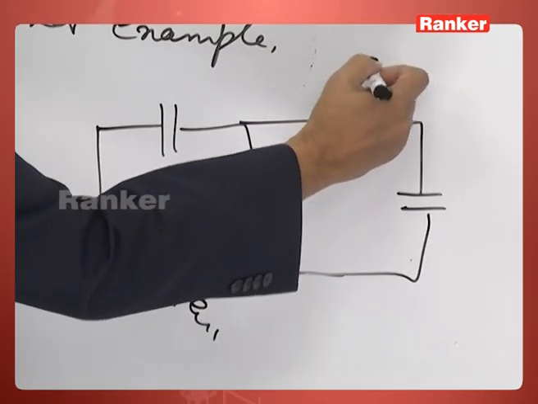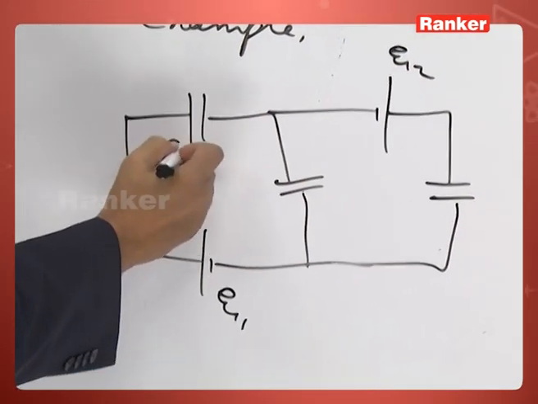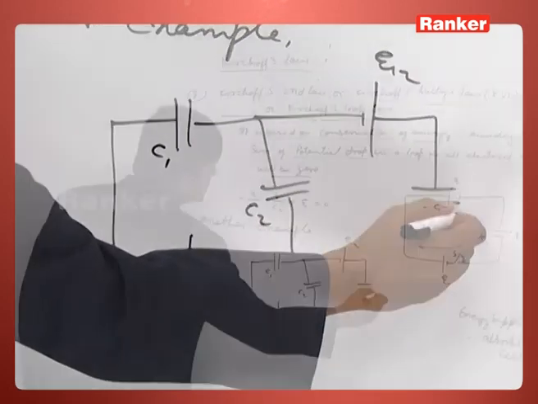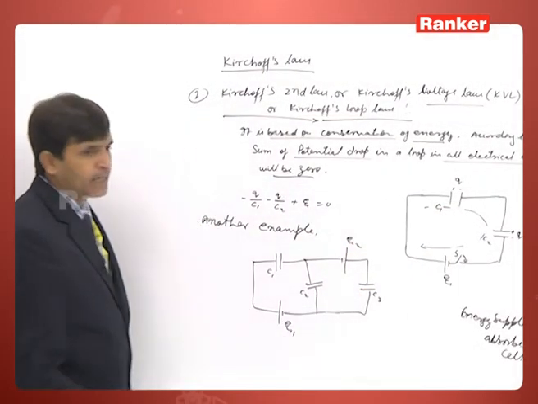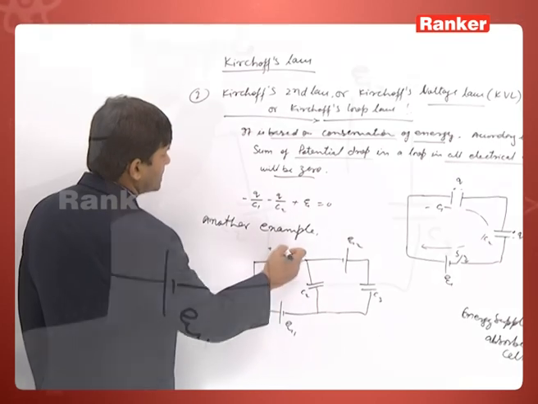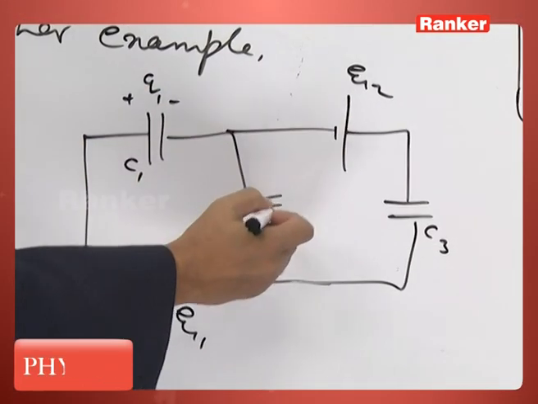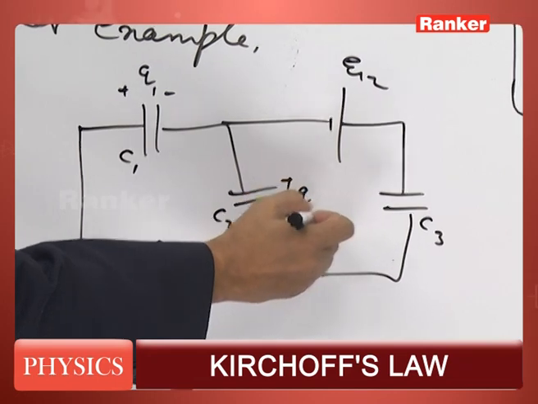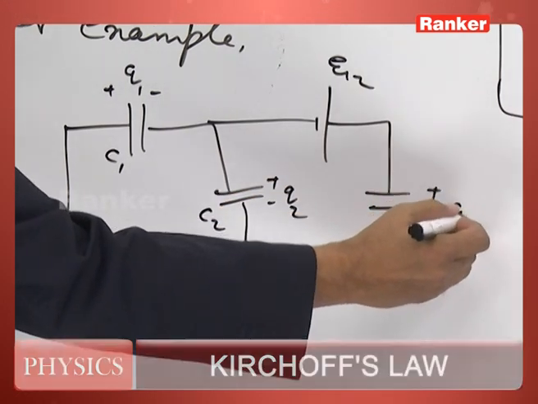E1 and E2 are the cells, and C1, C2, C3 are three capacitors with their capacitances. Let the charge here be Q1, here Q2, and here Q3.